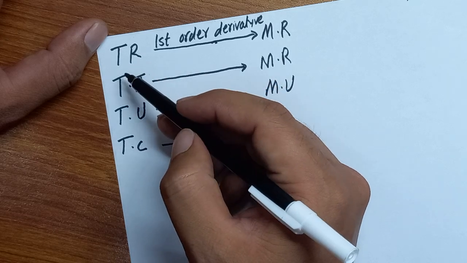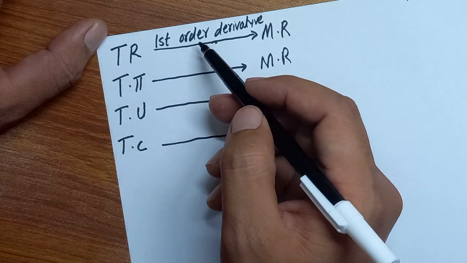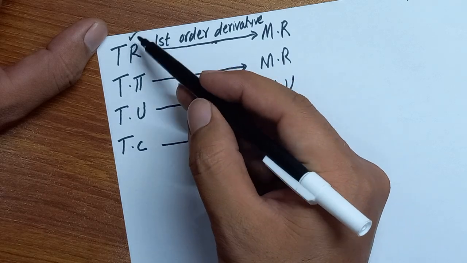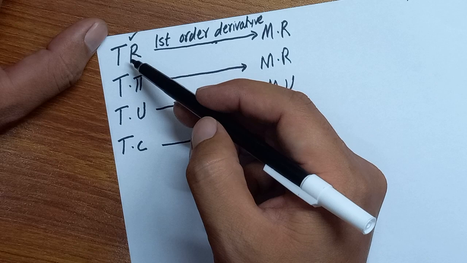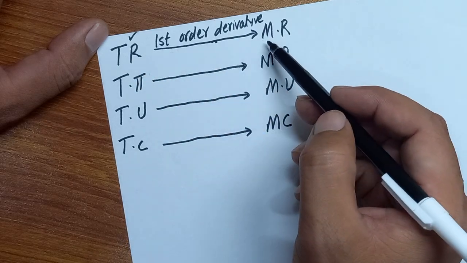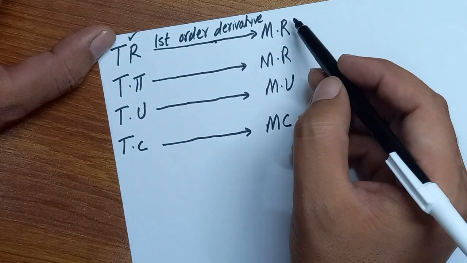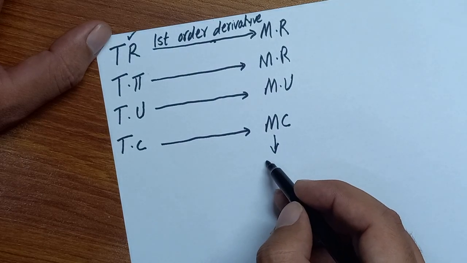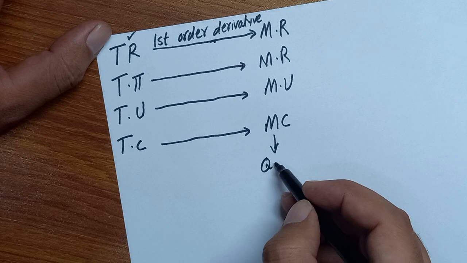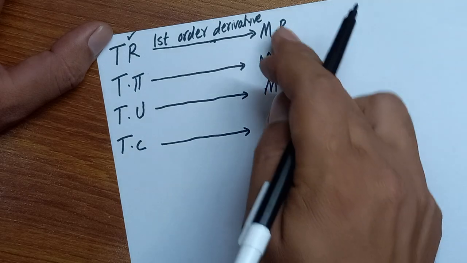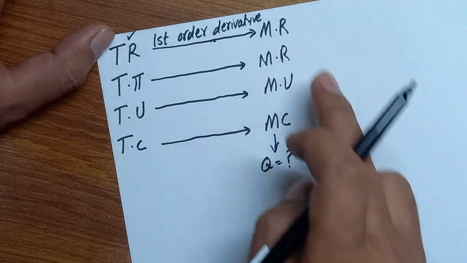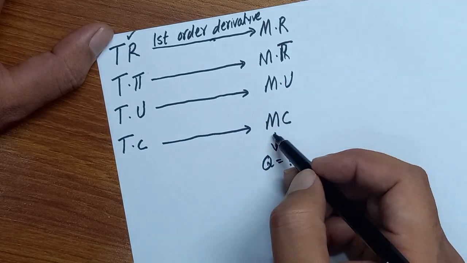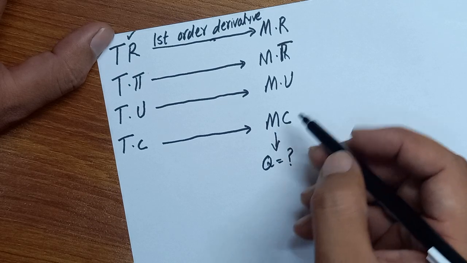When we take the total revenue first order derivative, I mean for the first time we take the derivative of this function, it will be changed to marginal revenue. In the marginal revenue, we are able to find the value of q. Here we can find the value of q through marginal revenue, marginal profit, marginal utility, and marginal cost.